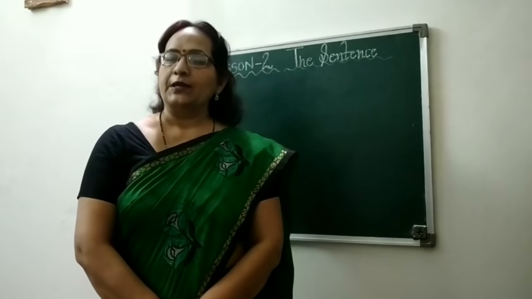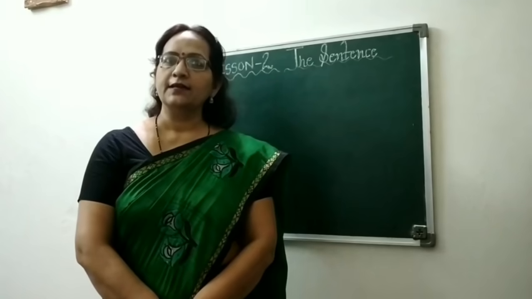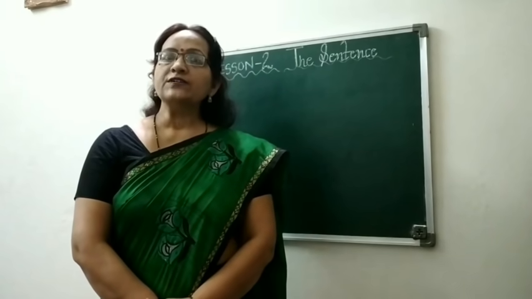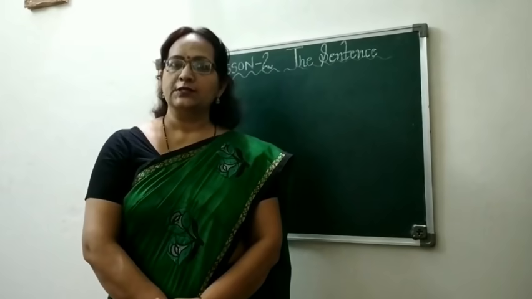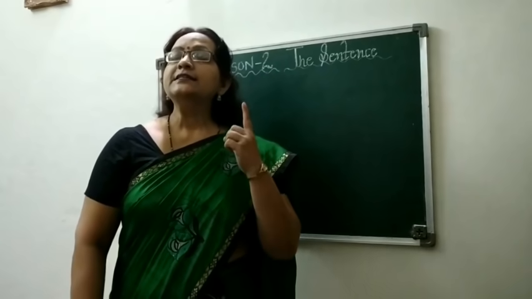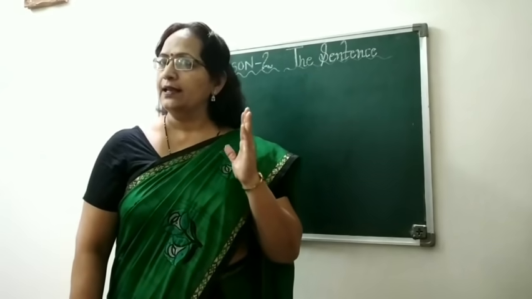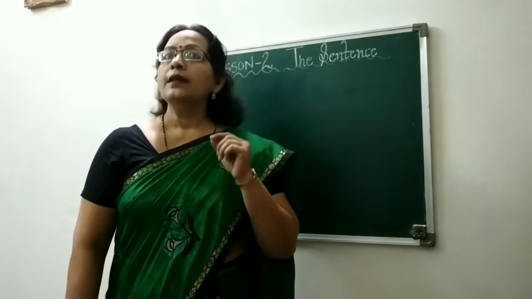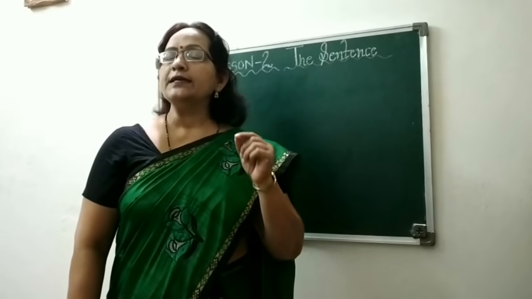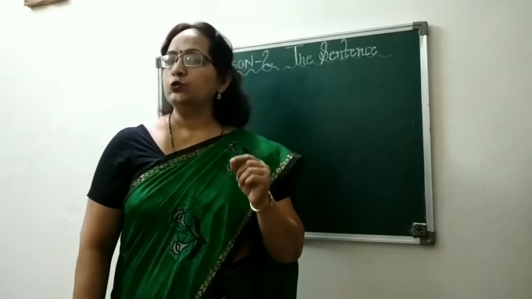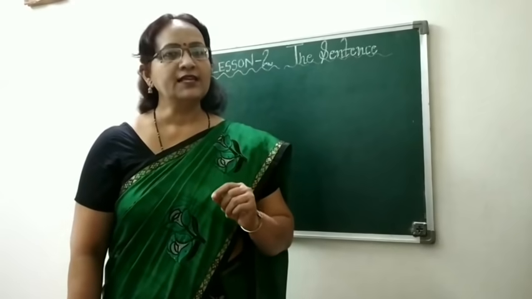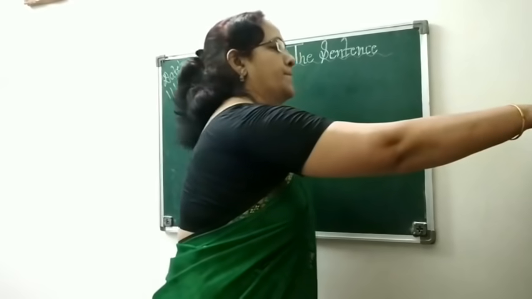Now remember students, while writing a sentence, always follow certain rules. Number one, the sentence always starts with a capital letter. Number two, it always ends with a punctuation mark, such as a full stop.